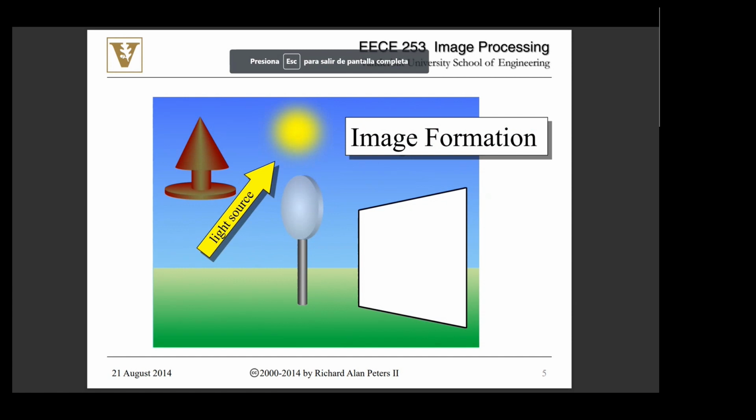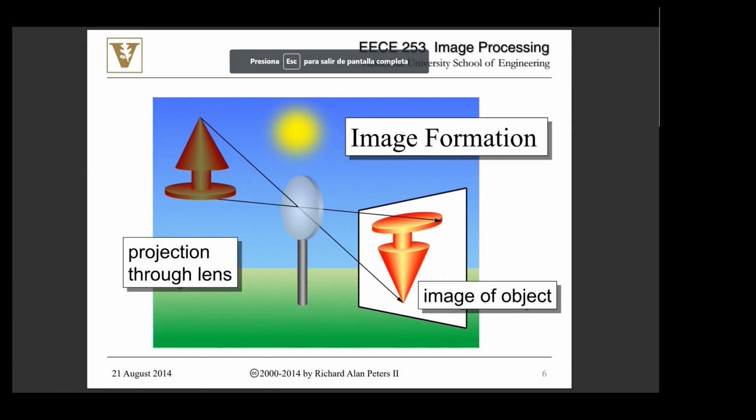Then, there is a light source, so the general word is the sun, and then the sun illuminates the object, and then the rays coming out are focused through some lens or some kind of optical system.